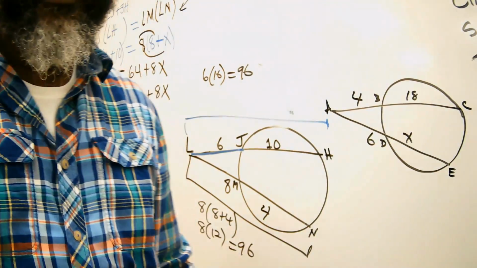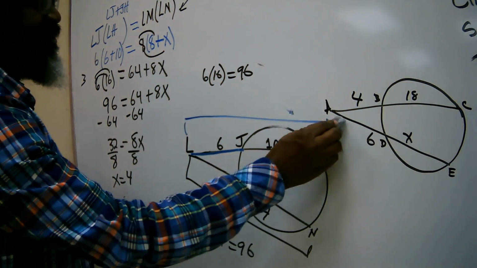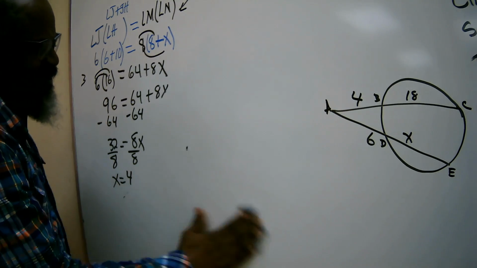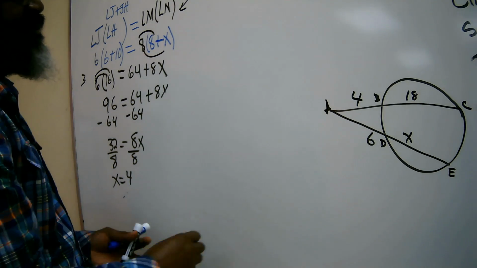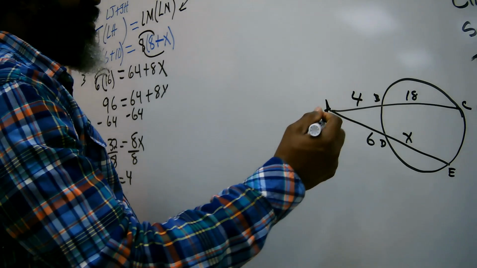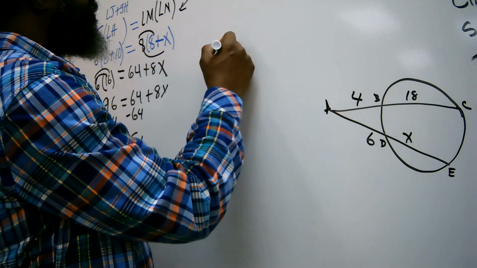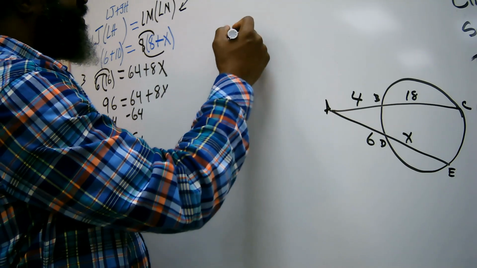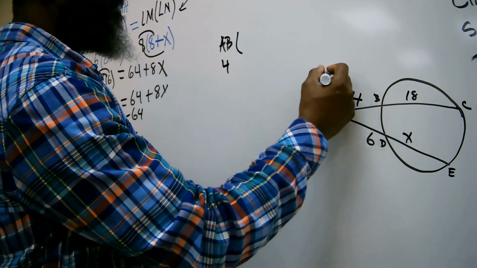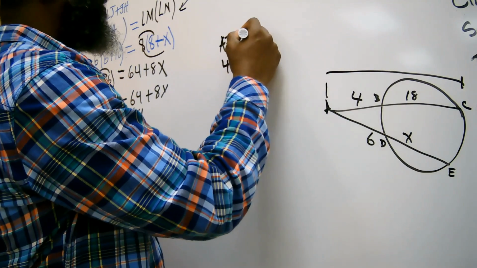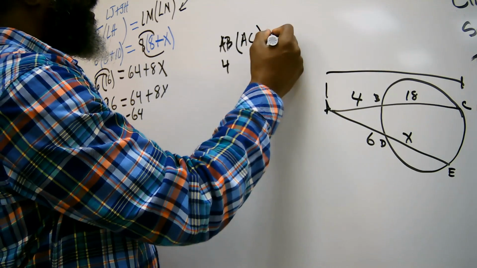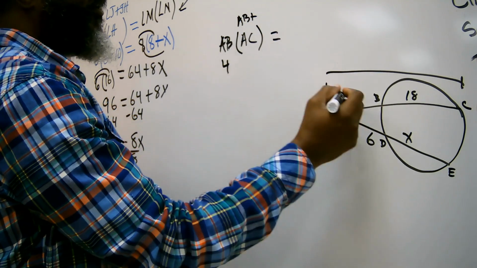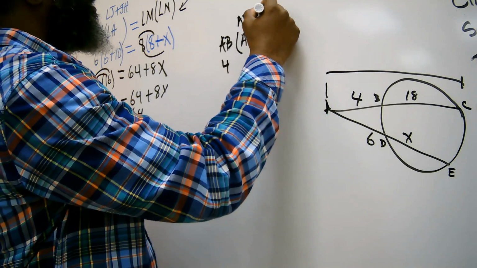Then you can have many options. Let's clean some of the mess. So far the external part is AB. You will have AB, which is 4, times AC. In order to find AC, AC is AB plus BC. That will give you AC.